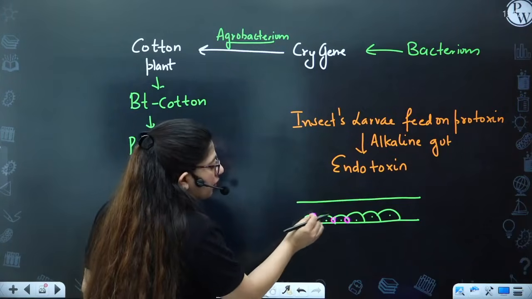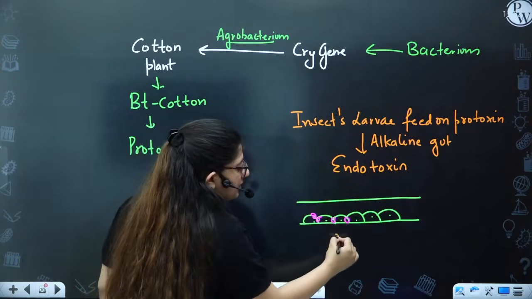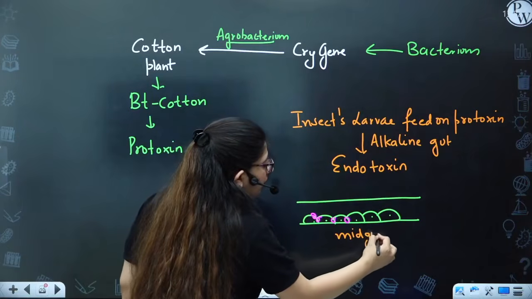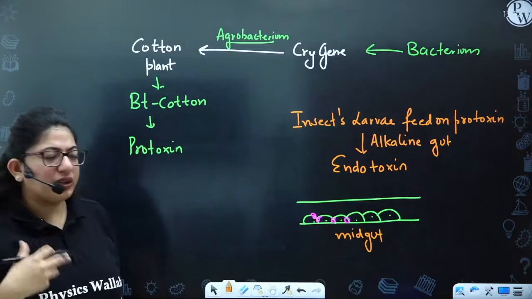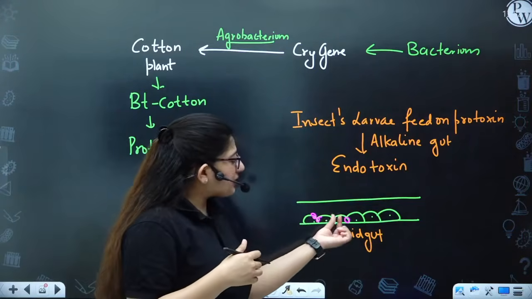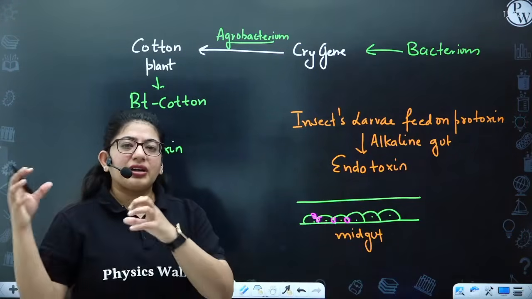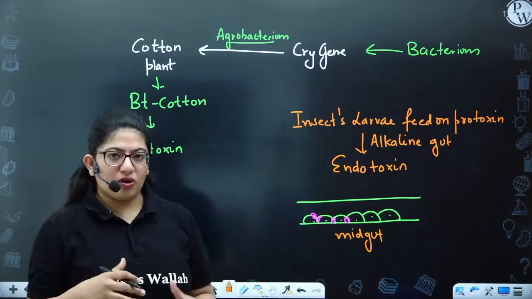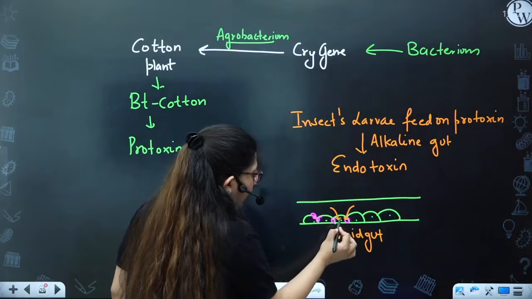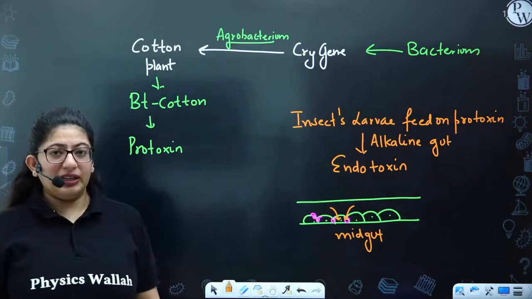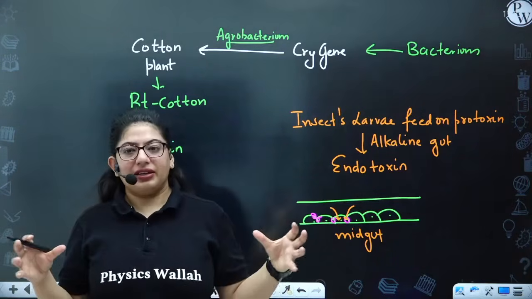Now see, the toxin binds to the cells. This is a midgut. The central part of the gut, like we have the small intestine, it's like that only in the insect. So the pores are created in the midgut cell by this toxin. As a result, all the water will enter into the cell and the cell will burst, leading to lysis.